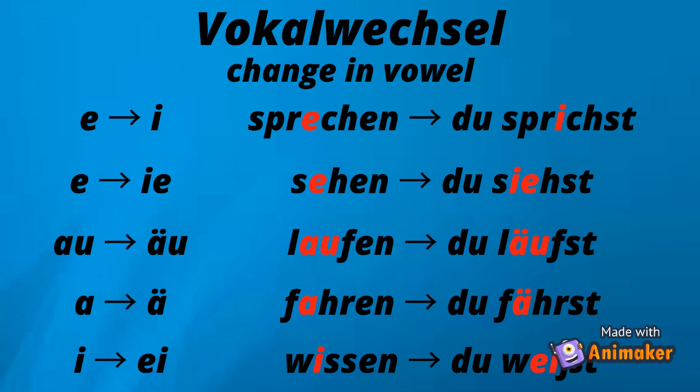For example, fahren, that means to drive. Fahren becomes du fährst. And in the last case, I becomes EI. For example, wissen, that means to know. Wissen changes to du weißt.